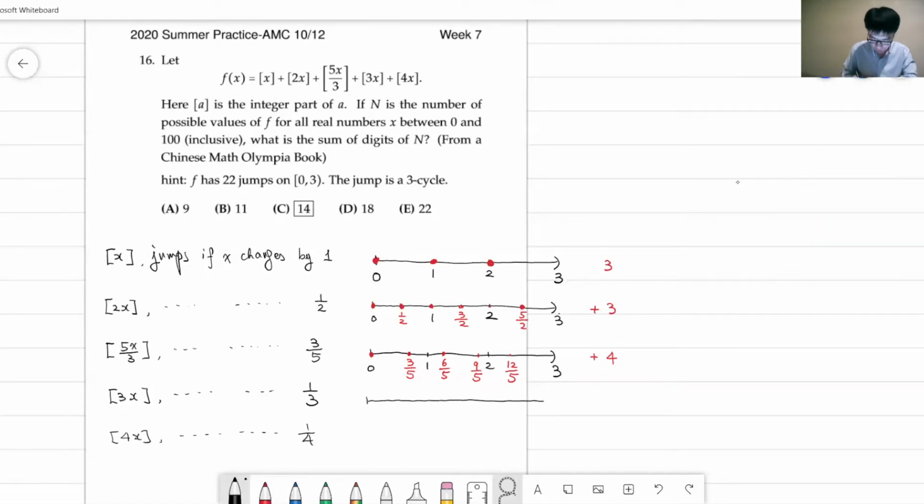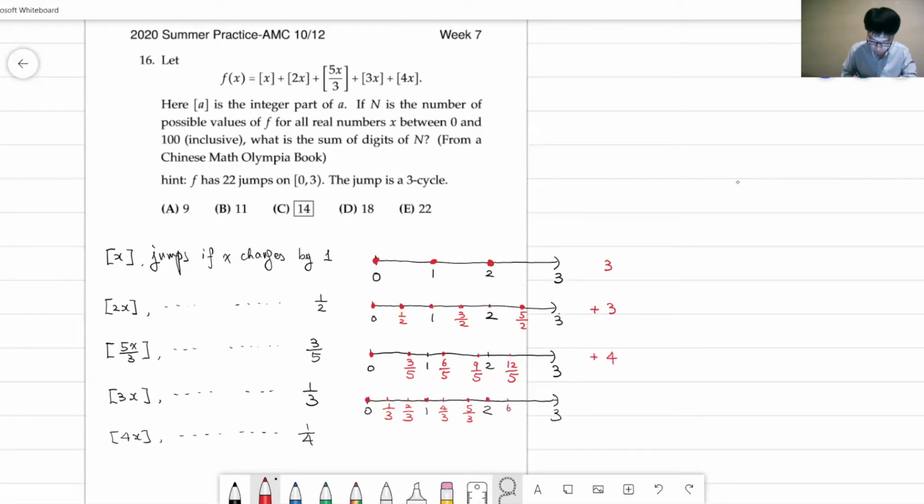Now 1/3, a multiple of 1/3. 0, 1, 2. Okay, now let's count what's new numbers here. So first we have 1/3. Okay, we're 0, but 0 is already counted. Now we have 1/3, which is new, and 2/3 is also new, and 1 is old, is already counted, and then 4 over 3, this is new, and 5 over 3, this is also new. 2 is just old.